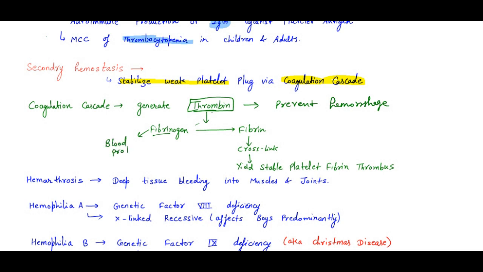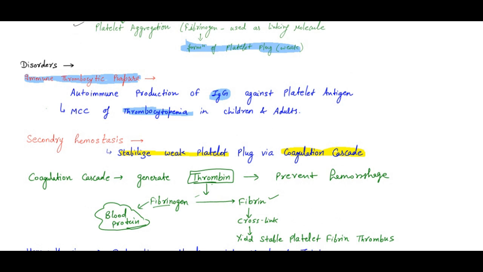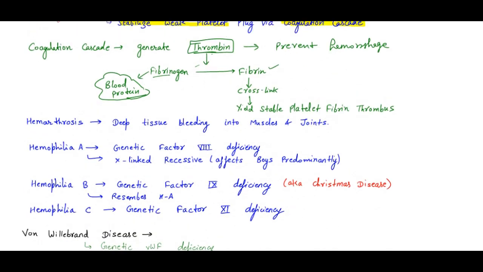It will break into fibrin with the help of thrombin. Now the fibrin will cross-link and yield a stable platelet-fibrin thrombus. This is how the clot formation occurs, and that's why thrombin prevents hemorrhage.